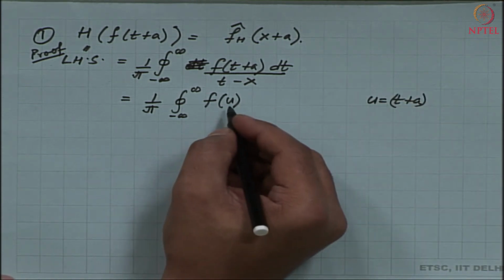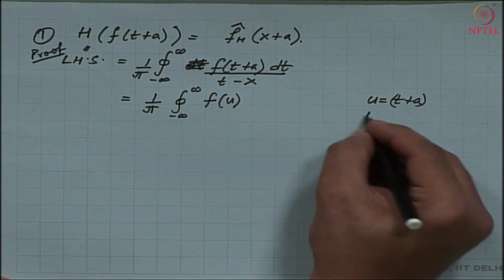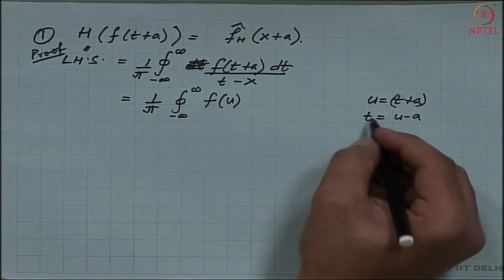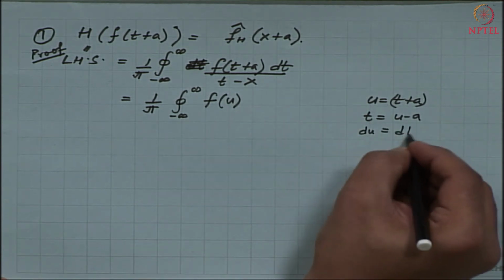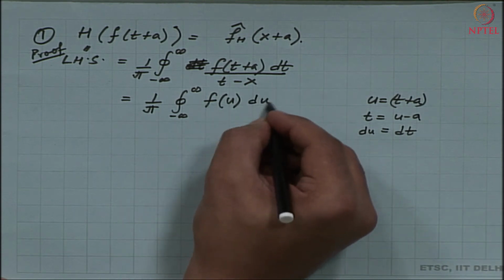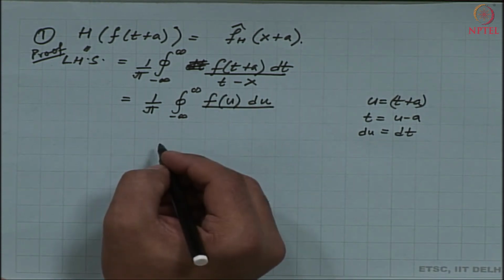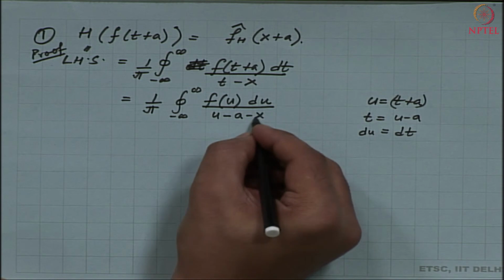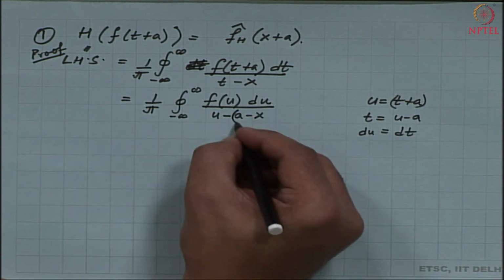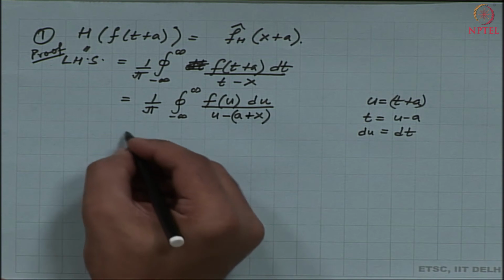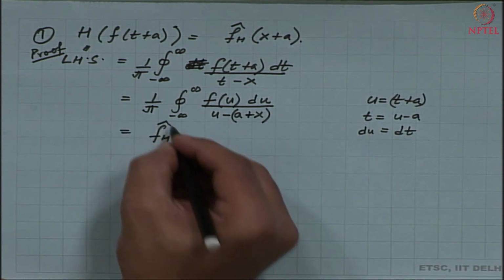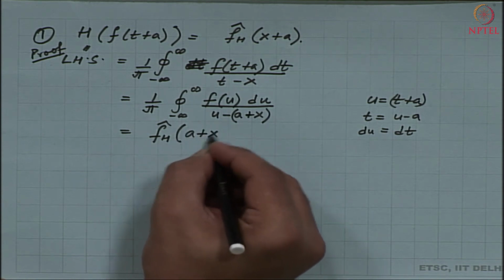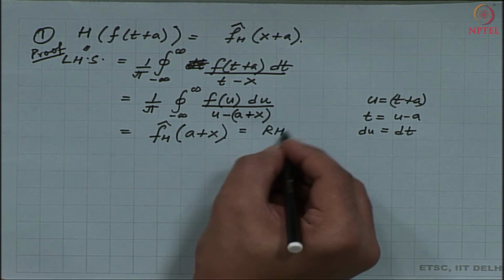I substitute u minus a instead of t, and also du is equal to dt. Then I get f of u du, and in the denominator I have u minus a minus x. I see that this is nothing but the Hilbert transform of the function evaluated at x plus a, which is what my right hand side is.